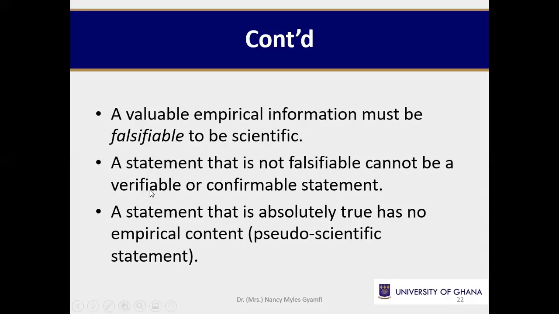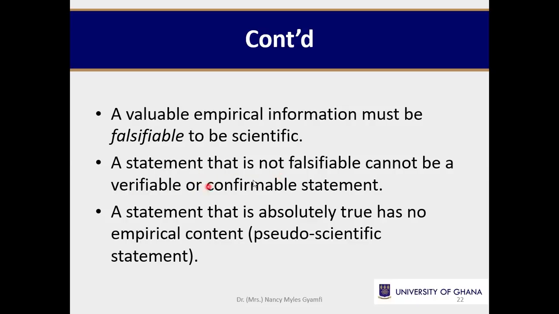This one will have a finite reference class, particular statement. This one will have an infinite reference class. I'm referring to what I'm pointing at on the screen. So confirmable statement will have infinite reference class, verifiable statement will have what? Finite reference class. But both of them are what? Scientific, they are falsifiable, they are what? Testable, except that they are so in what? In different degrees.